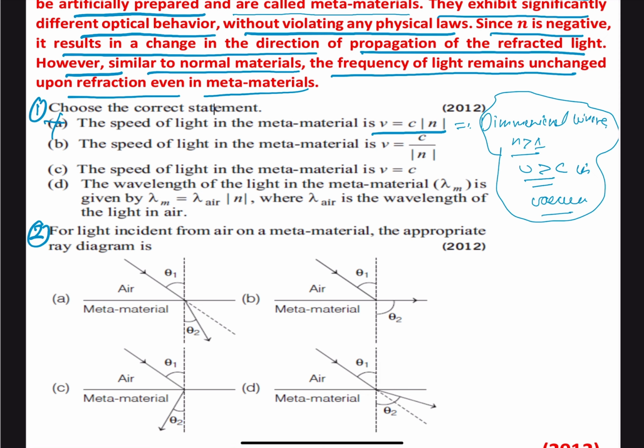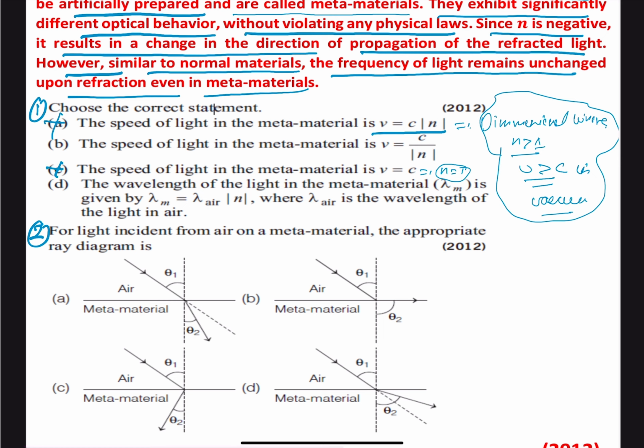And for the speed of light, it says that V is equal to C, and this relation is only true if the value of n is equal to 1. So it is true only for the vacuum, not for the metamaterial. So this option is also incorrect.